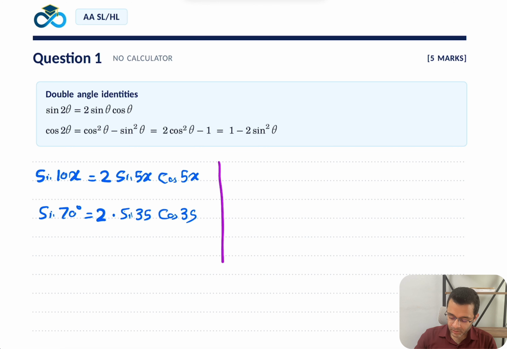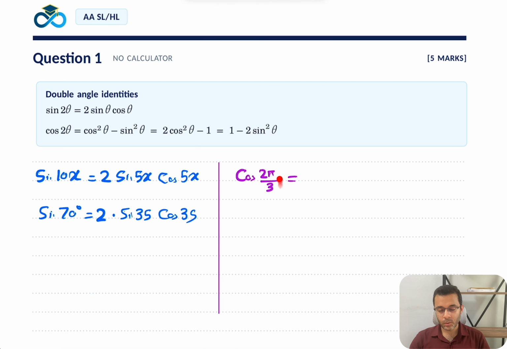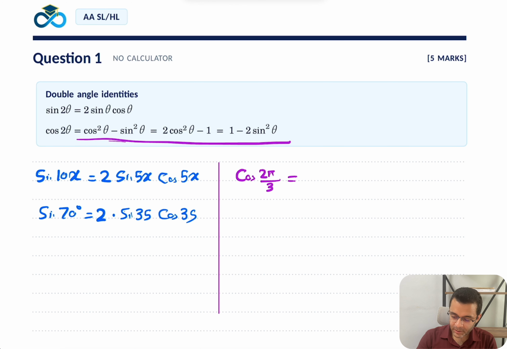Now another example in radians, this time to illustrate the cosine, which is exactly in the same way. Let's say that I have an angle like 2 pi over 3 radians, which is, by the way, equivalent to 120 degrees. Here, as you see, 2 theta is equal to 2 pi over 3. So 1 theta, or half of 2 pi over 3, will be pi over 3. That's why I will apply these identities, but theta will be replaced by pi over 3.